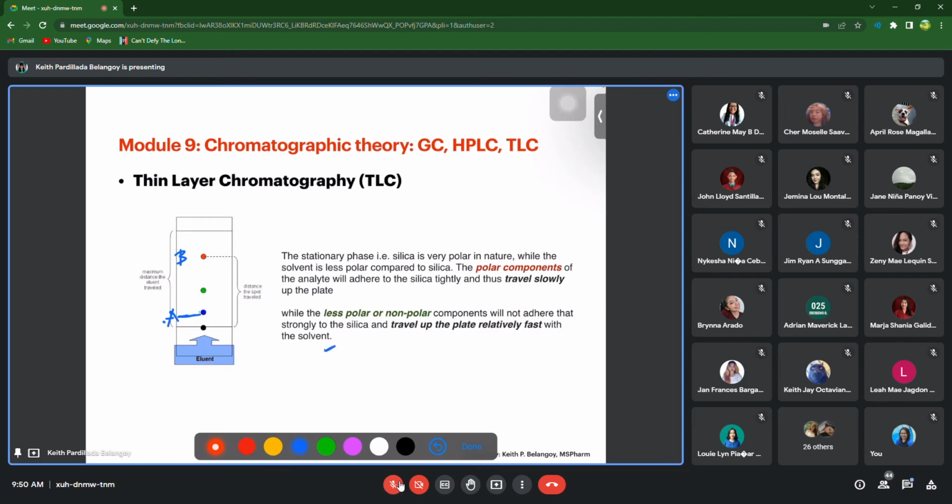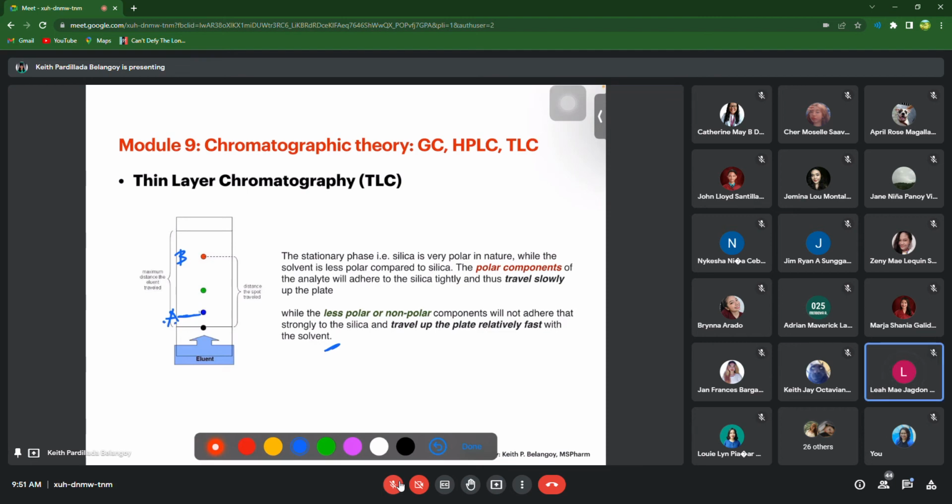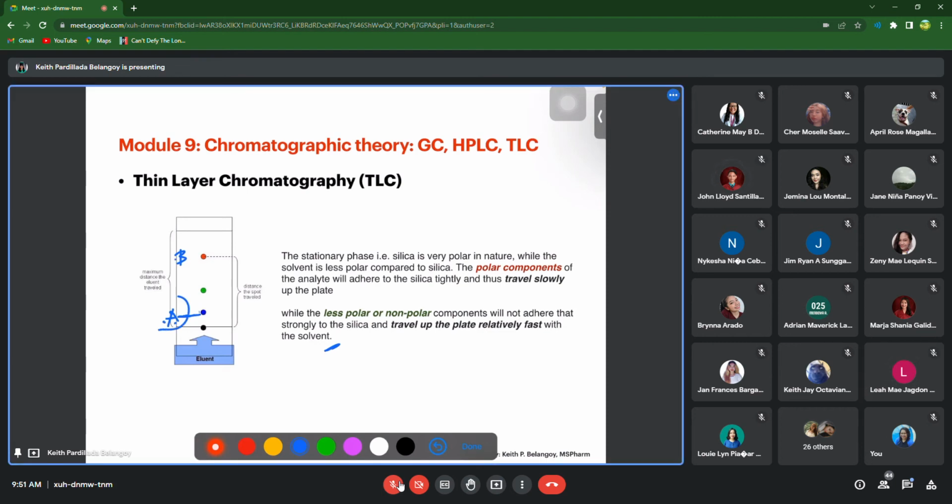So meaning, which one is non-polar, A or B? A, Miss.